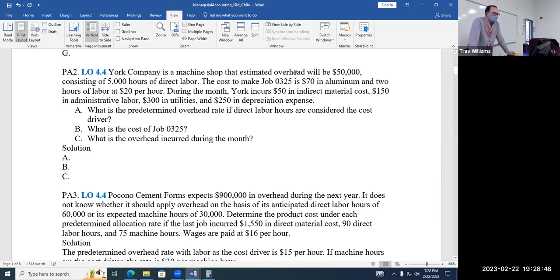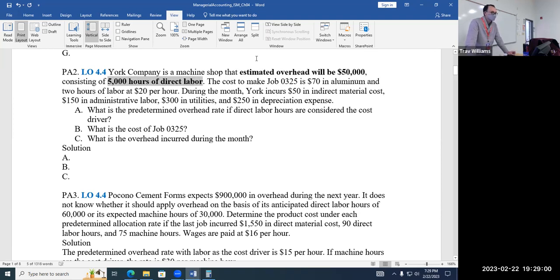They have estimated overhead of $50,000, and they've estimated 5,000 hours of direct labor. The cost for job 325 is $70 in aluminum, 2 hours of labor at $20 per hour.